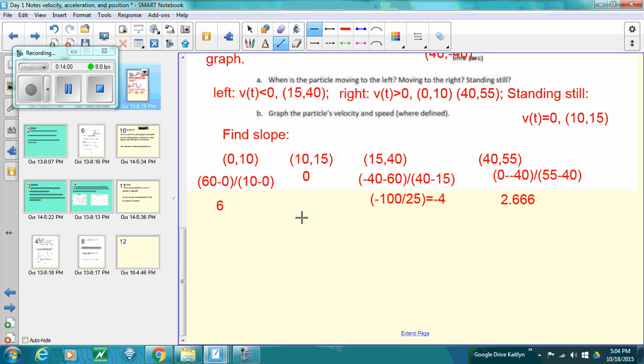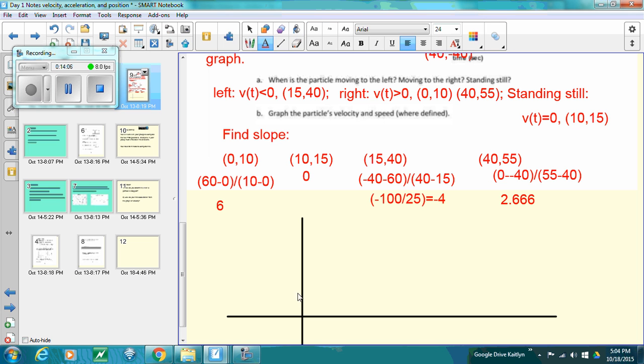So we're going to draw a graph down here. Okay, and the highest height I need is 6.